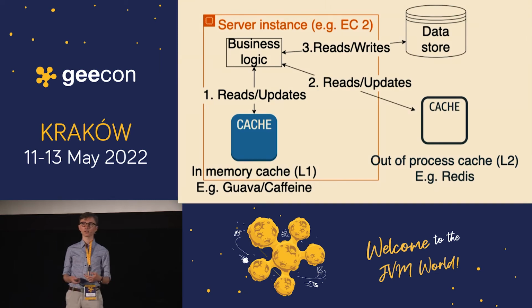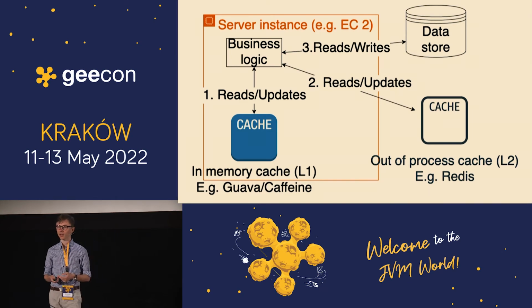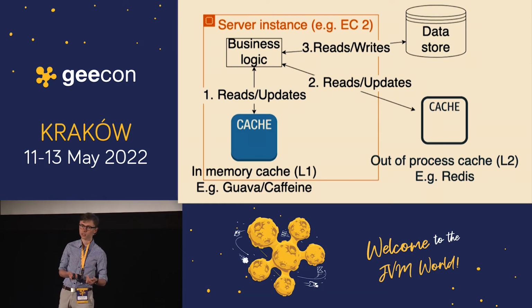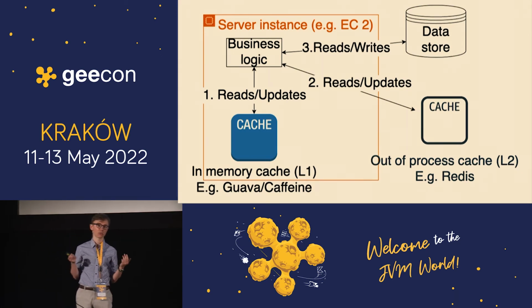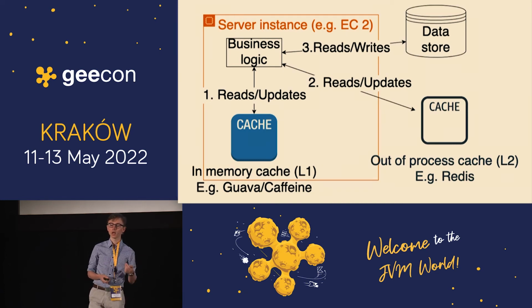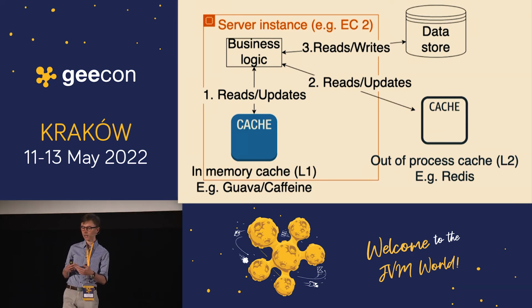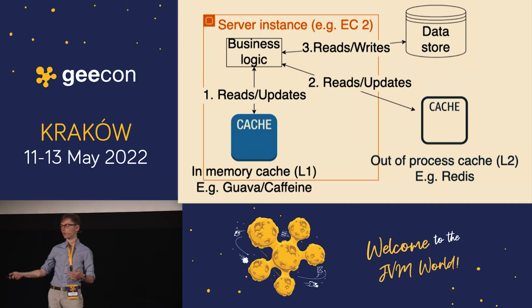But then, again, we want to improve the read performance. We notice that our in-memory cache gets thrown out of the window during each deployment or when the process is started, etc. So we decide to create an L2 or out-of-process cache. We may use something like Redis, Memcache, or DAX when we are using Dynamo. And that basically gives us the advantage of not throwing the contents of the cache out of the window during deployments, so that all the servers can take advantage of the cached values in the L2 cache.